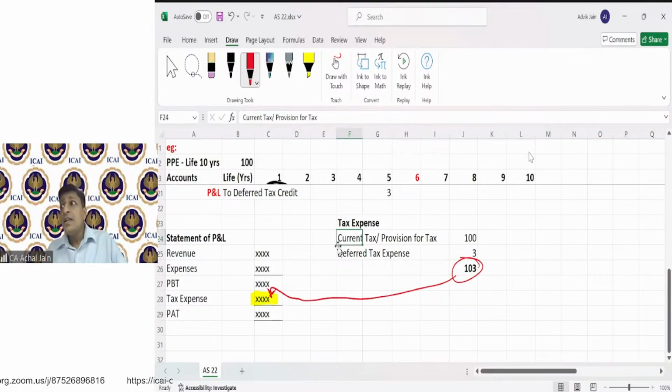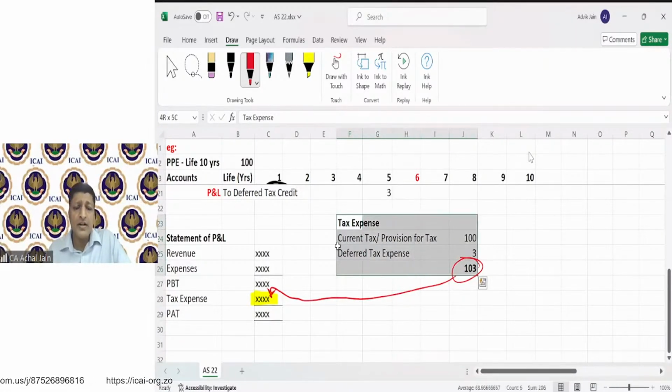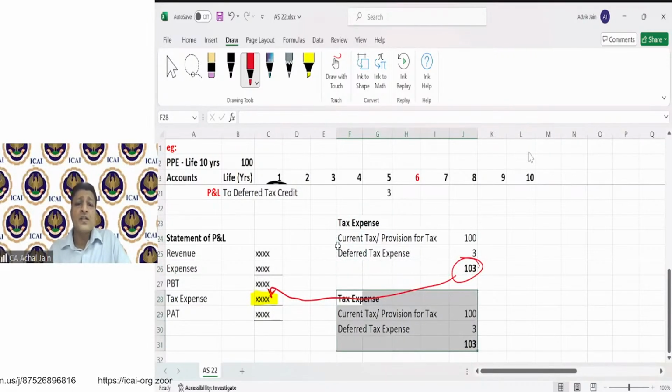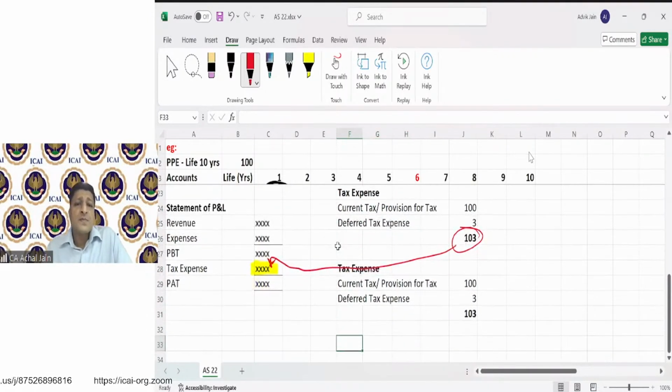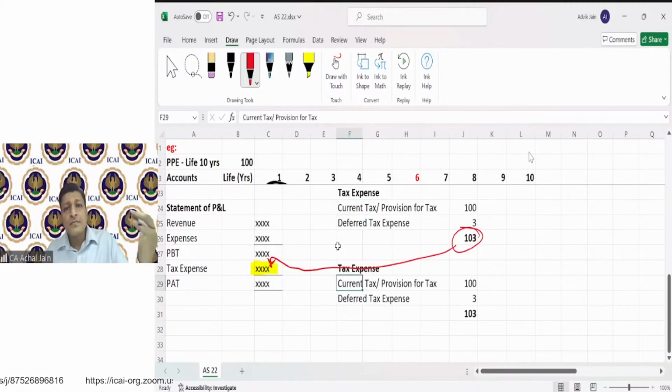Now, let us say, for example, instead of a deferred tax liability, the company would have recorded a deferred tax asset. Then let's try to understand how this tax expense would have changed. The current tax amount would have remained the same.